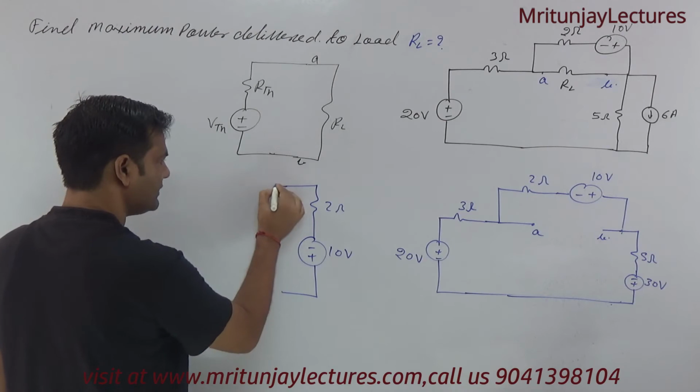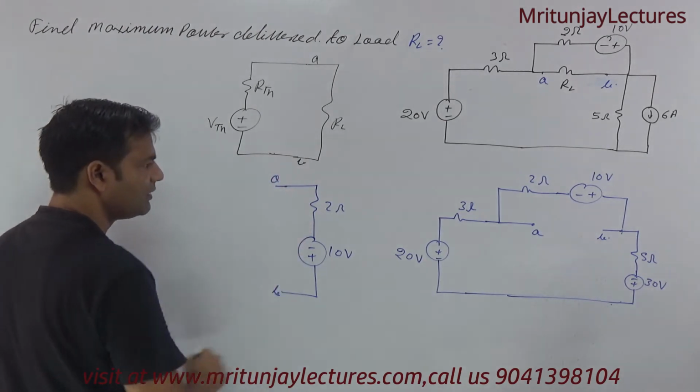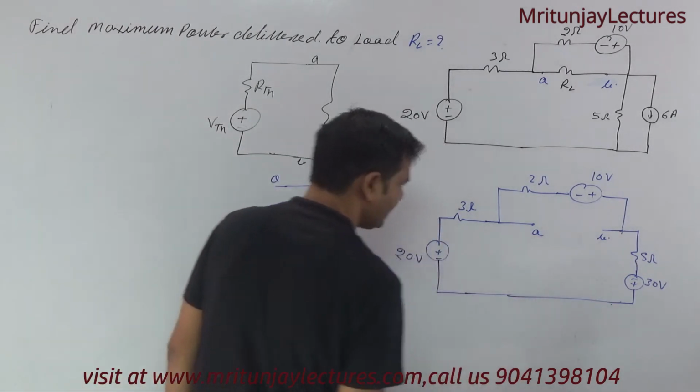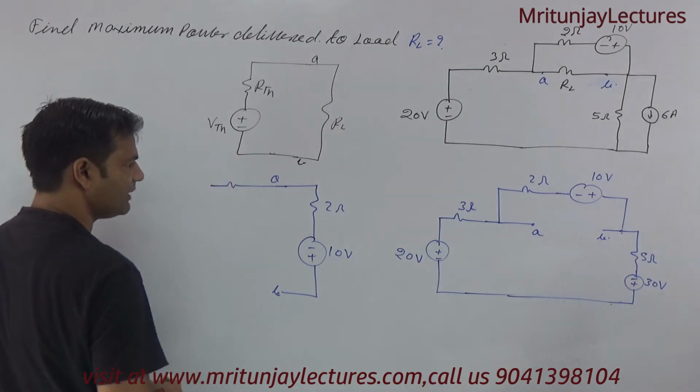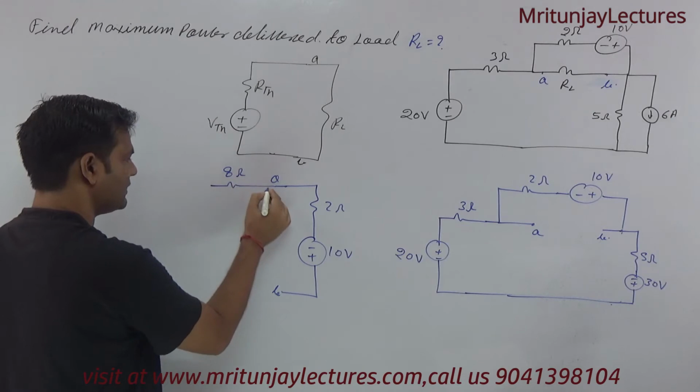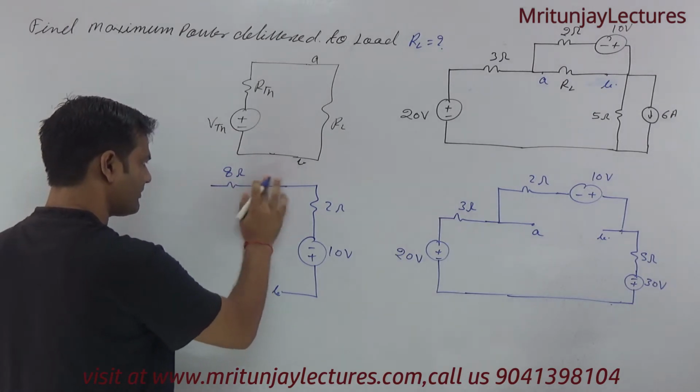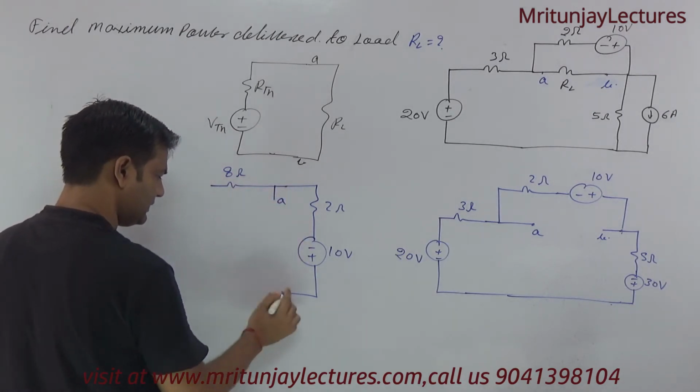That is A and that is B. The 3 ohm and 5 ohm are both in series, that's why you can make 3 plus 5, that is 8 ohm. Clear? That is A and that is B.